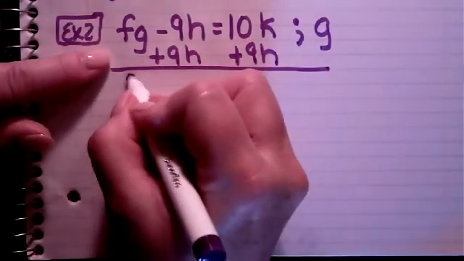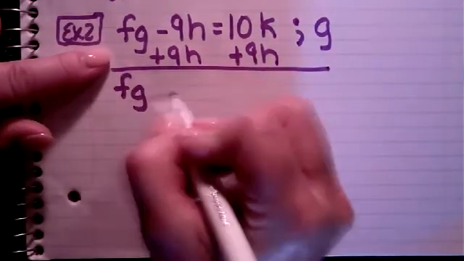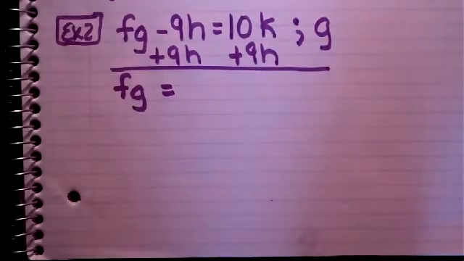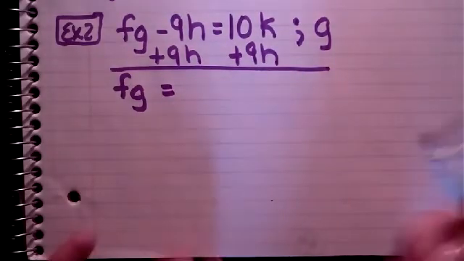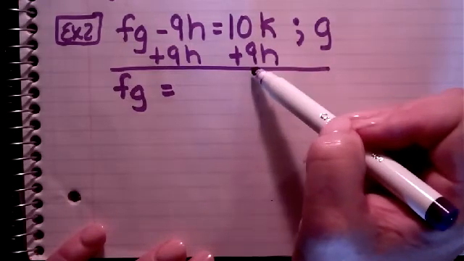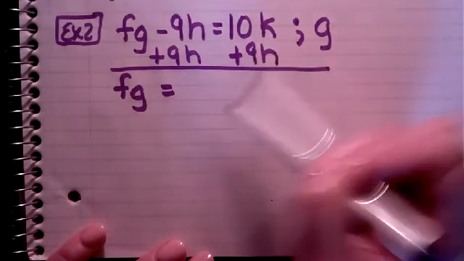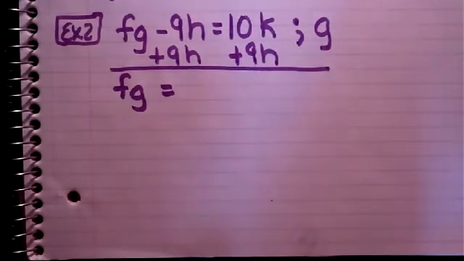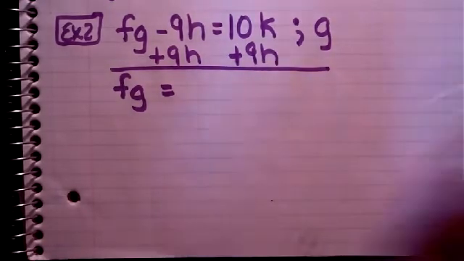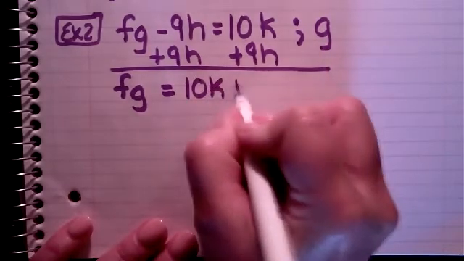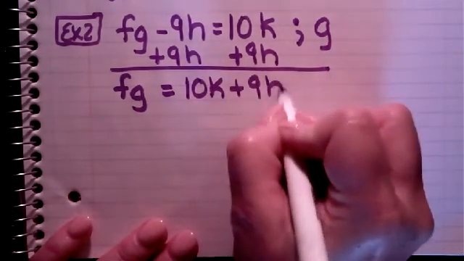We'll just bring down that FG because we haven't done anything with it yet, and bring down the equals. And we know the minus 9H plus 9H cancels out because it's a 0 pair. Now I need to rewrite this not vertically but horizontally because we can't add them together, because they're not like terms. One has a K, one has an H. So what I'm going to have is 10K plus 9H.